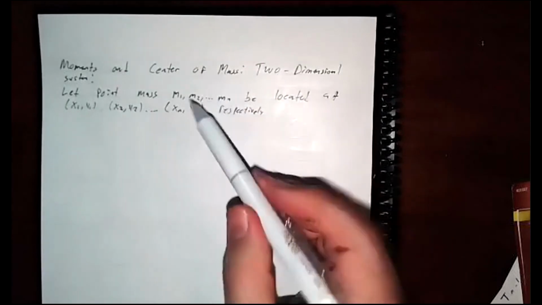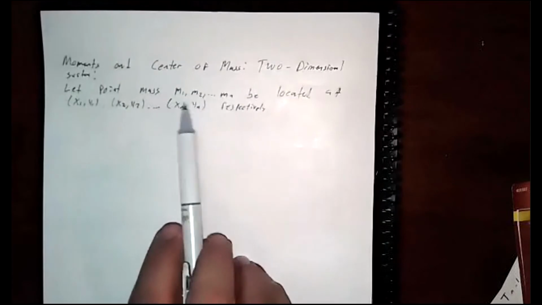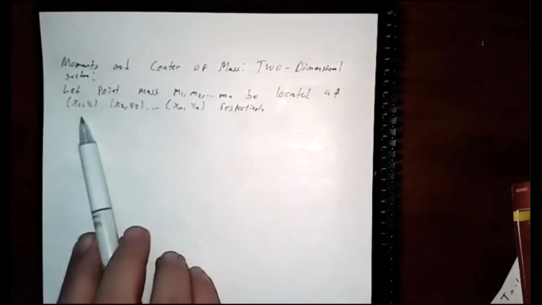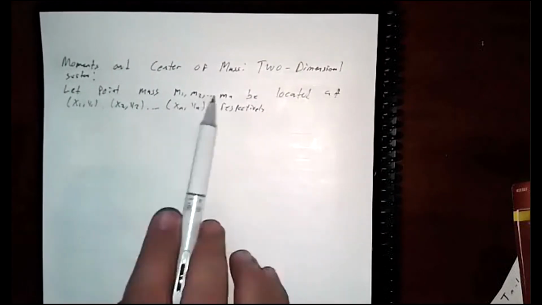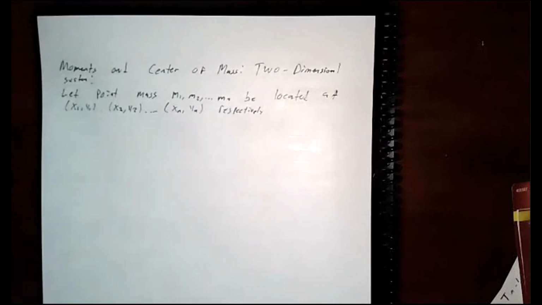So each of these point masses will be located at their respective m1, x1, y1, m2, x2, y2, mn at xn, yn. Okay, so those are all the locations of these points of mass.